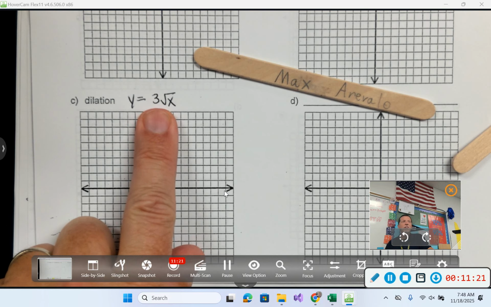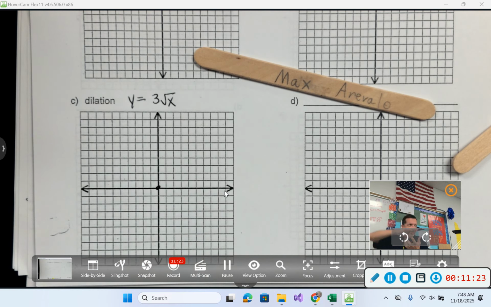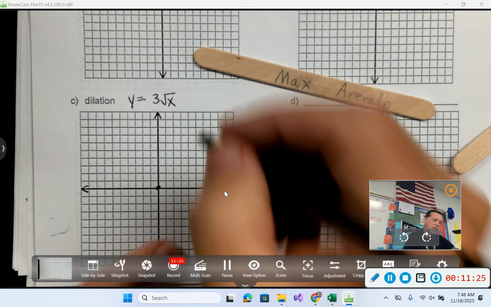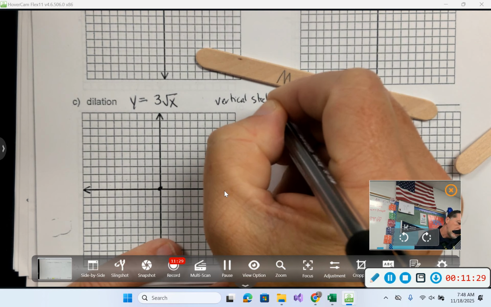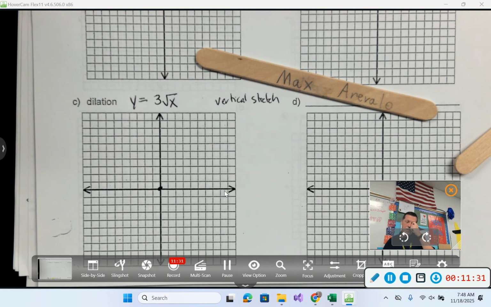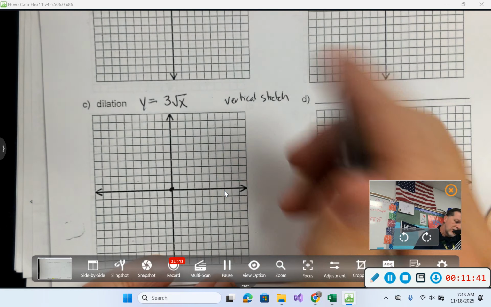But it's out front of the x. So it's going to be a vertical stretch. Well, Max, if it's a vertical stretch, which set of coordinates would we multiply to accomplish a vertical stretch? The y's. The y's control the up and down.